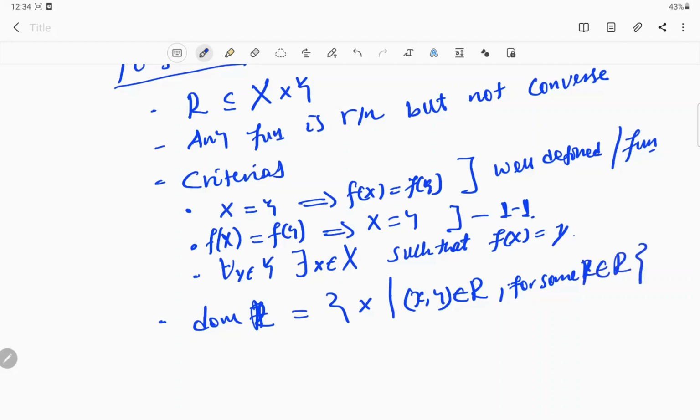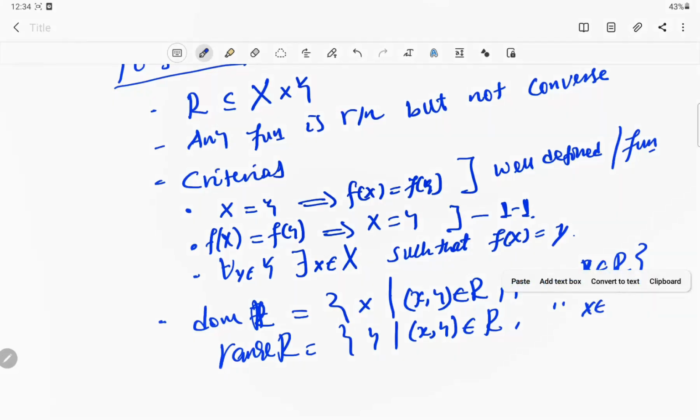Similarly, the range of R is the set of second components y such that the ordered pair (x,y) is in R for some x, where y is in Y and x has to be in X. Remember that we are considering R taken from X to Y, but if you consider from Y to X, then it should change.